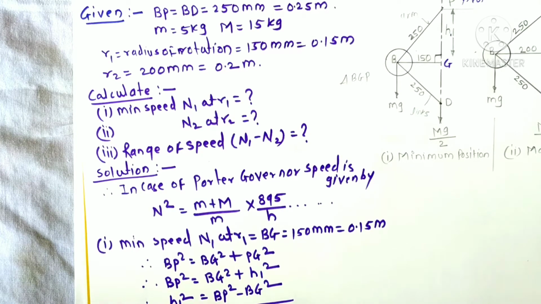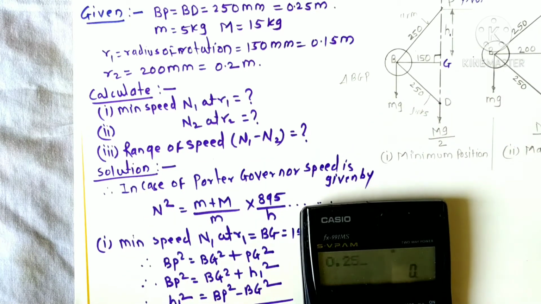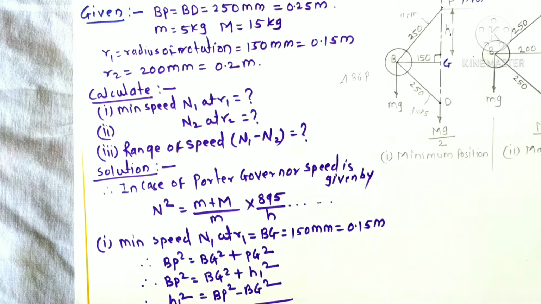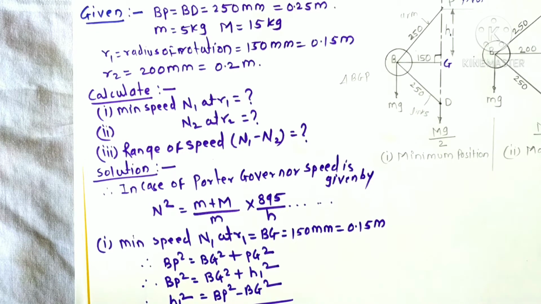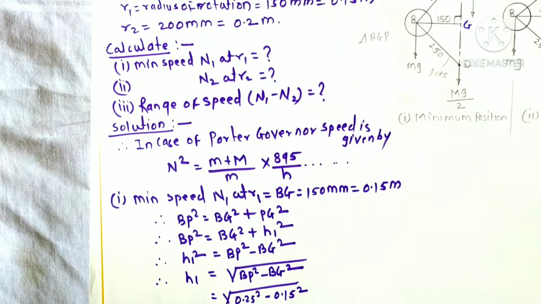After the calculation with the help of calculator, 0.25 square minus 0.15 square, taking the square root, is 0.2. So the H1 value is 0.2 meter.